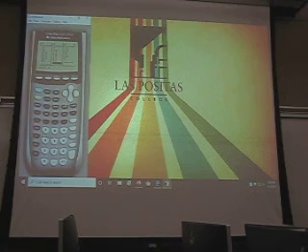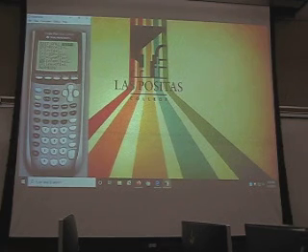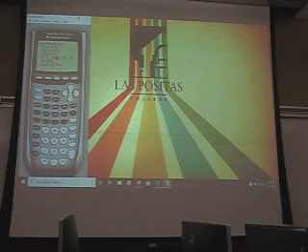I'm going to do stat, test, linear reg t test. L1, so your X is L1, my Y is L2. Frequency, leave that as 1. That's always 1. For this part, it's always not equal to 0, always. Leave the reg eq empty and hit calculate.